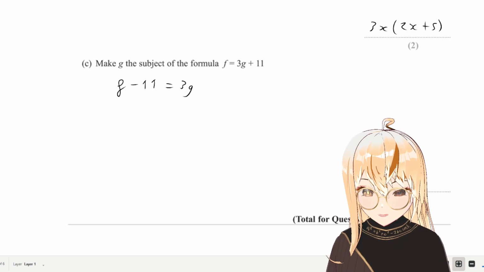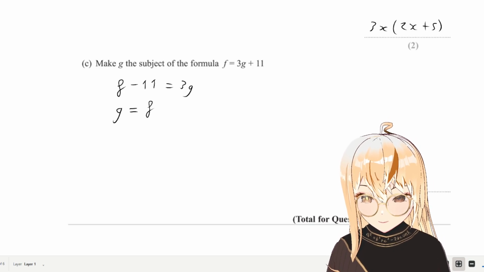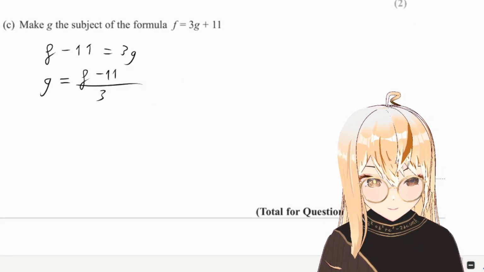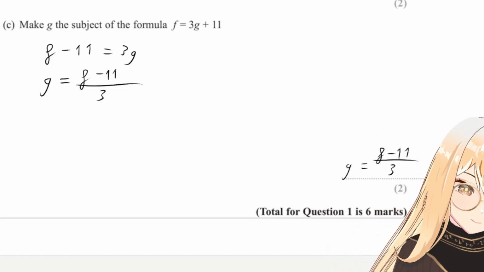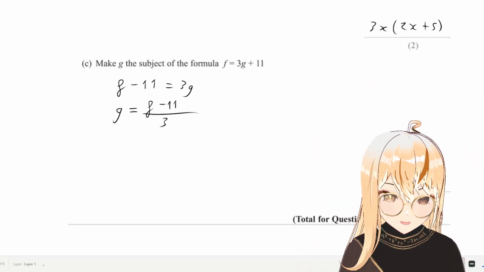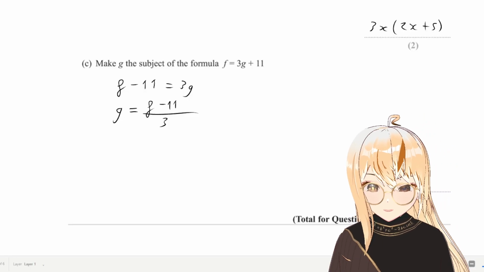So we just need to divide both sides by 3. So we would get g is equal to f minus 11, all of that over 3. And these rearranging formula questions are fairly straightforward most of the time. But yeah, I could see why it's sometimes easy to trip up for students.